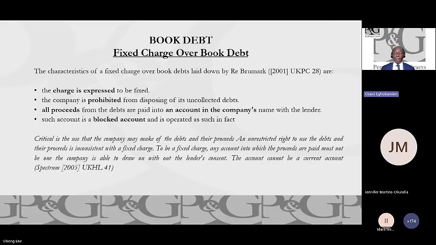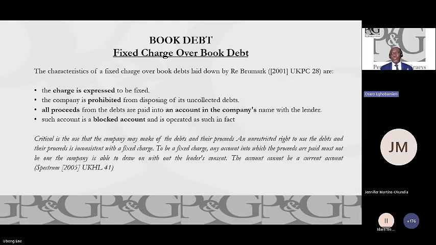But the problem is that if one bank has documents that are poorly drafted, all other banks are usually going to depend on that poorly drafted document, because everyone is using the same document, and we see a lot of mismatch when you pick out clauses that don't have any coherence, and you will see that in a minute or two. So how do you get a fixed charge over a book debt?